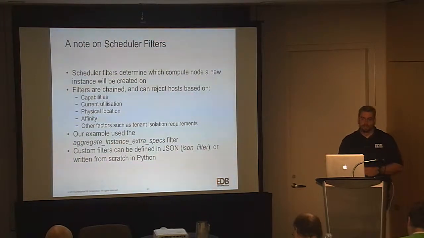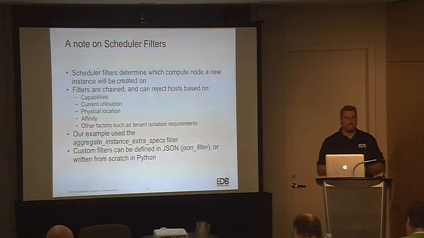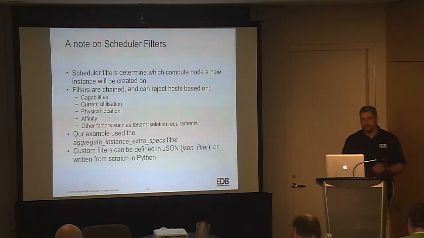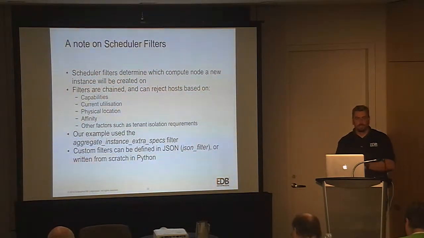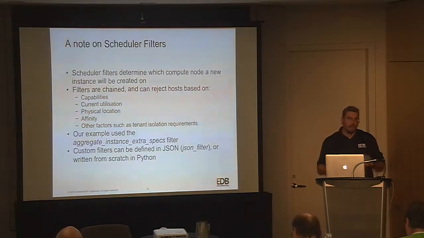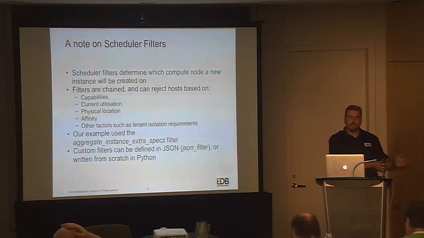So we have filters that can reject based on things like capability, the current utilization of the machine, so whether it's already maxed out on CPUs or disk or something, the physical location. You might have users that need their machines to be in a specific physical location. Affinity, certain machine types: you may want to say, well, once this machine starts running databases, I don't want it running anything other than databases.